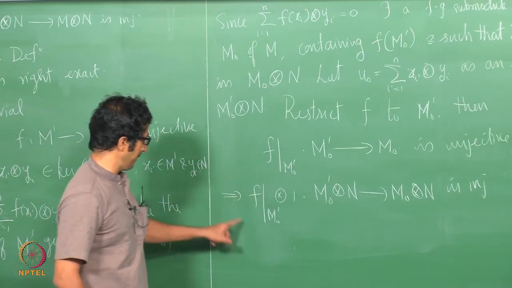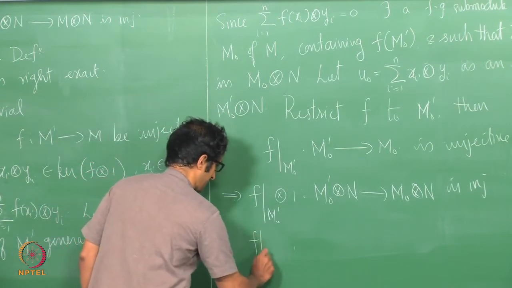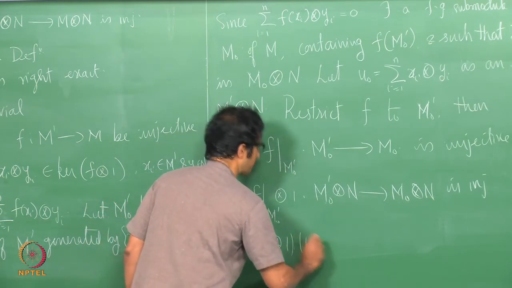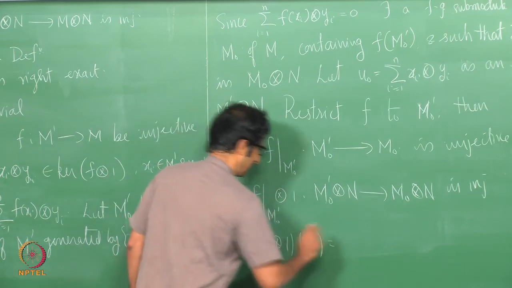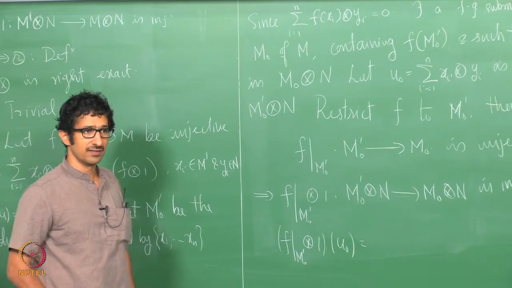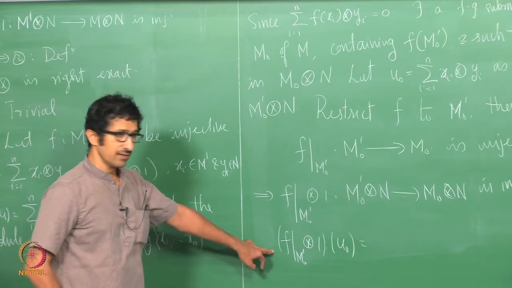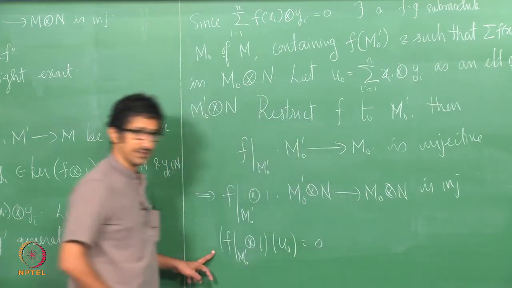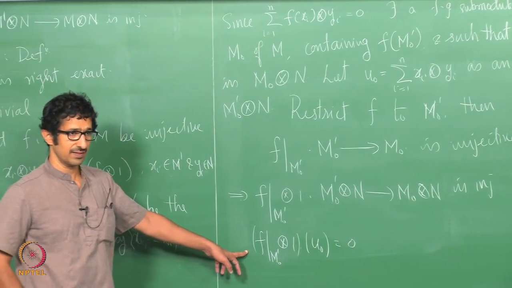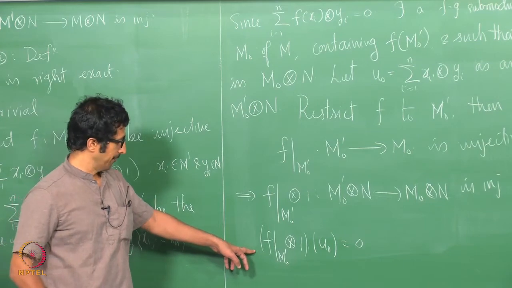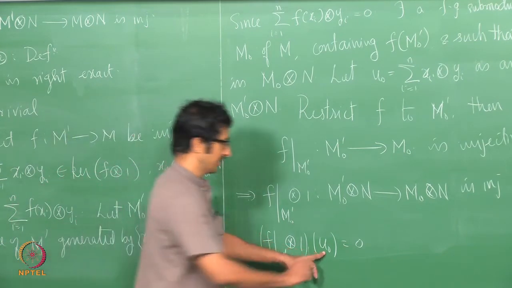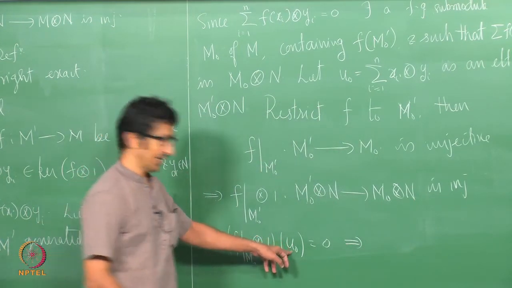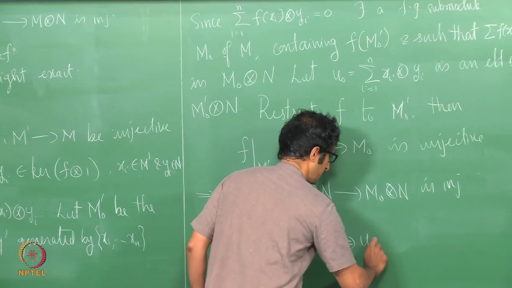But now f restricted to m naught prime tensor 1 acting on u naught is 0, right? That implies that u naught is 0, because this is injective.